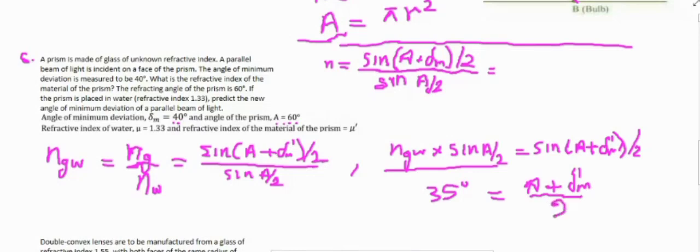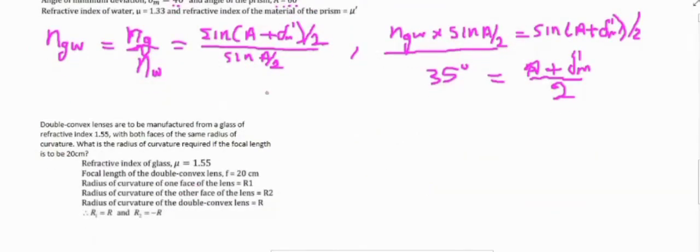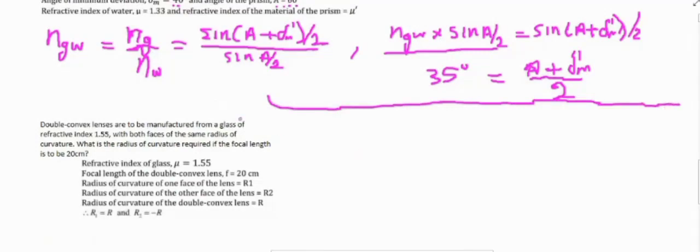Now by rearranging this, you can find the value. You have the value of A, so cross multiply and find the value of delta m dash. So that way you can solve that question.